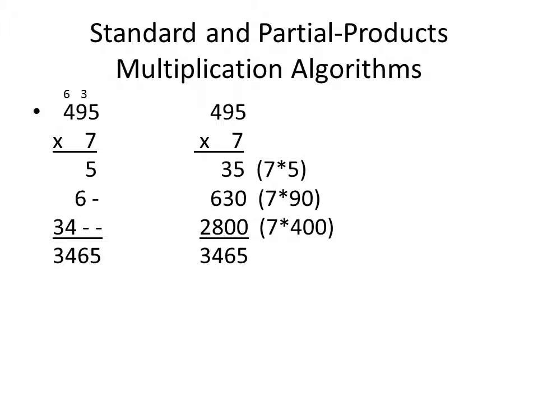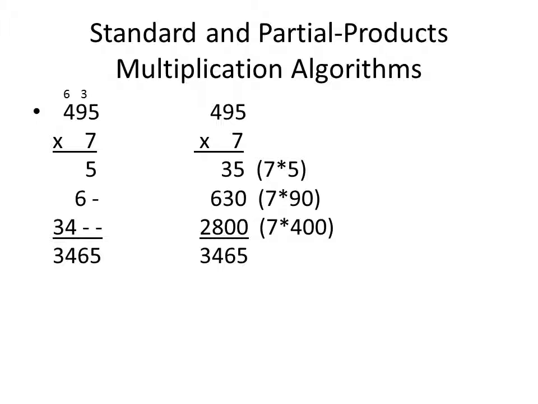If we look at the standard algorithm, the way most of us would attack this problem, we'd look to the ones place first. We'd multiply 7 times 5. We'd record a 5 and carry a 3. We know to leave a phantom space underneath the ones place 5 and multiply 7 times 9, which is 63, and add on the 3 that we carried.